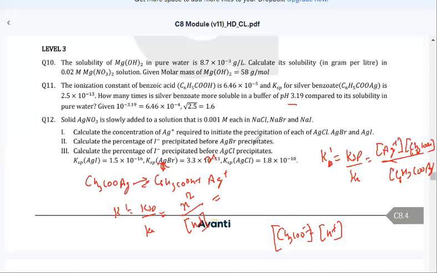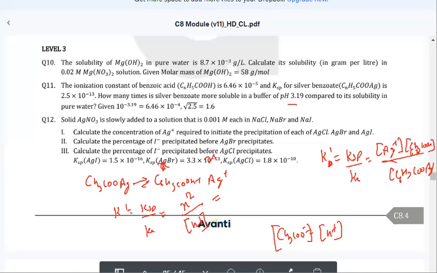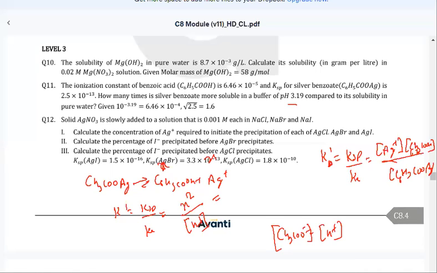I know this is difficult to understand, but at least you guys are getting the method. We have discussed one problem like this in class also. After finding X, can you calculate alpha or solubility, which is divided by the total concentration? Tell me, everyone.